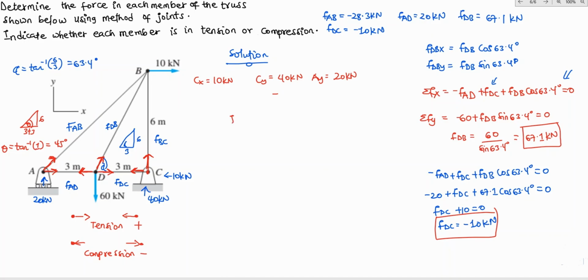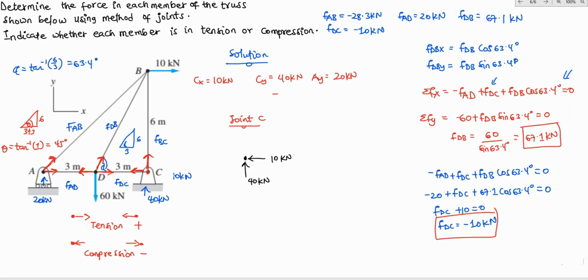Looking at joint C, let's look at what you are going to have. For joint C, you are going to have the 10 kilonewton moving in this direction, and then you have 40 kilonewton here. Okay, so this 10 is actually positive.